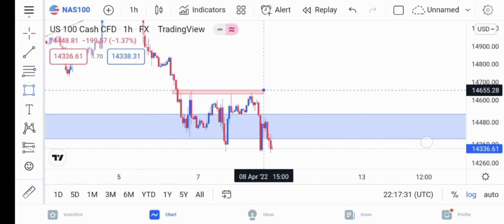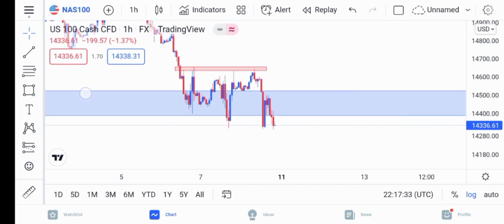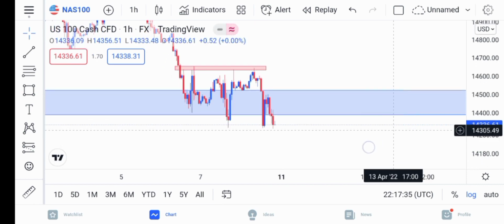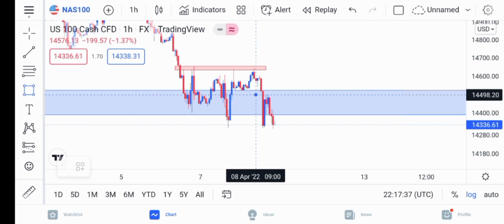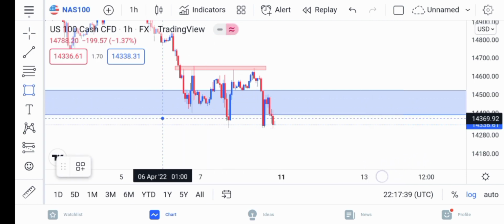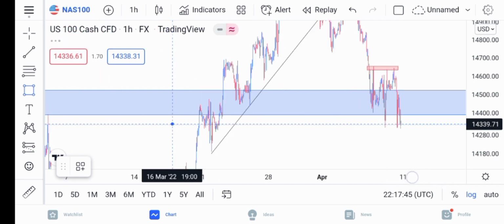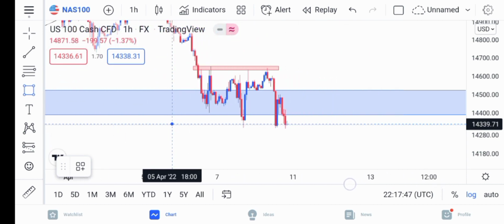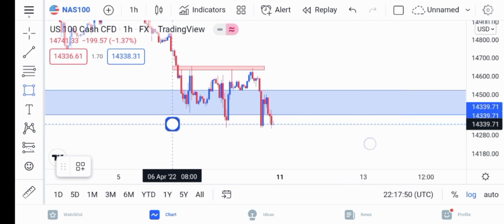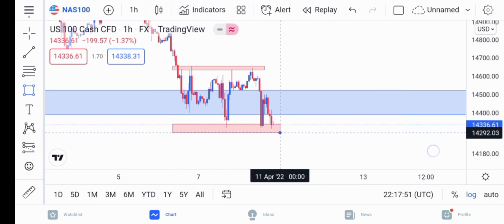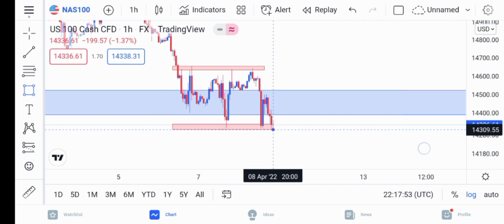As you can see, NAS100 is respecting this area a lot, 3 times. So currently I'm in a consolidation stage on NAS100, and it is already respecting this area here.